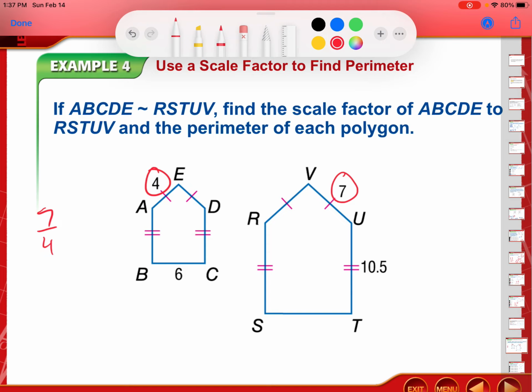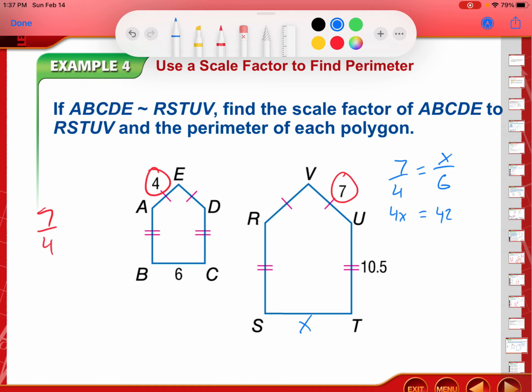And now the tough part is we do have to calculate the perimeter of one of these, which means we're going to have to set up at least one proportion. The proportion I want to set up is 7 over 4, set equal to x over 6. Now, going about solving this, we get 42 equals 4x.